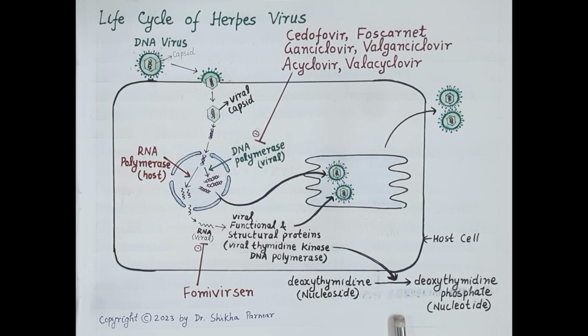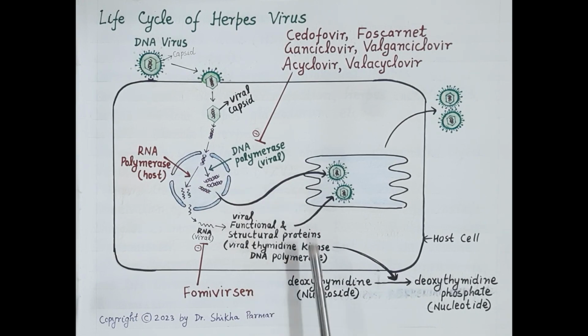So, here for example, deoxythymidine, which is a nucleoside, is phosphorylated by the enzyme thymidine kinase to produce deoxythymidine phosphate, which is a nucleotide. And this nucleotide here is the building block of viral DNA.